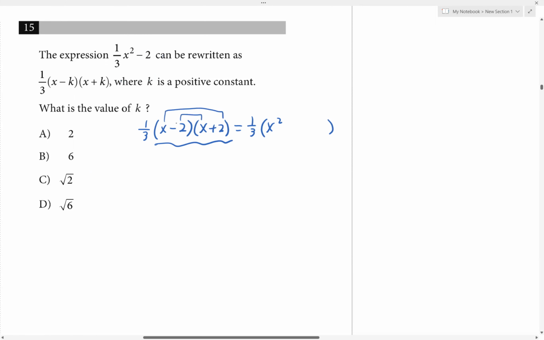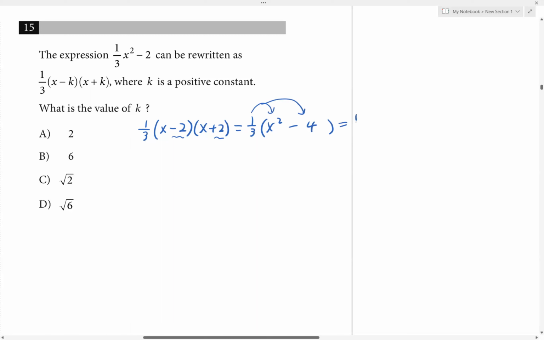The inner term, negative 2 times x, is negative 2x, so they will cancel each other out. Then we just have the last term times the last term, which is negative 2 times 2, which is minus 4. Now we do have to distribute the 1/3.